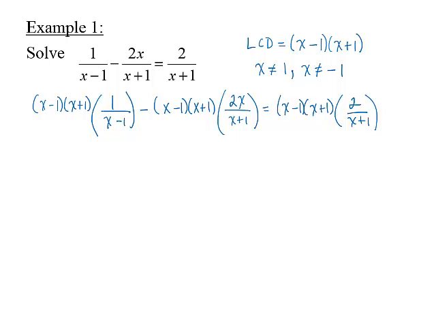Simplifying each product leaves us with 1 times x plus 1, or x plus 1, minus 2x times x minus 1, equals 2 times x minus 1.